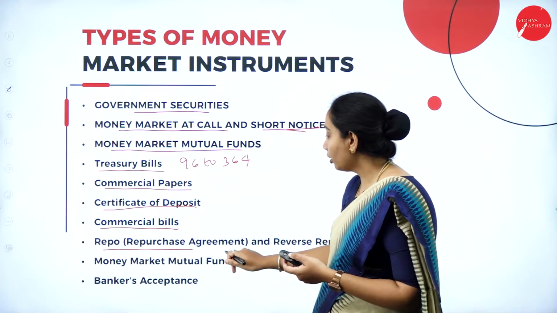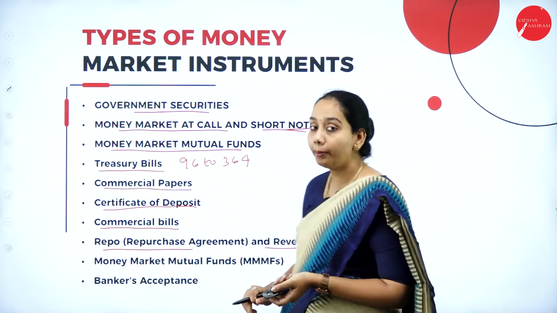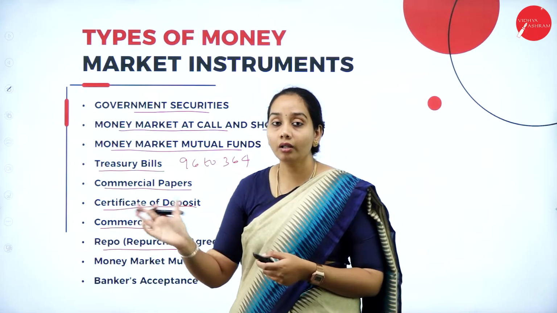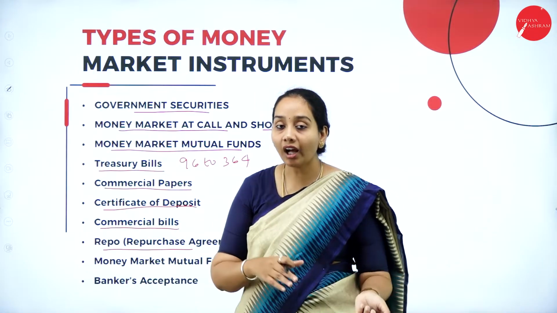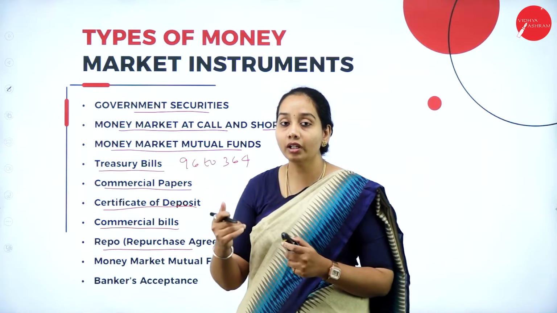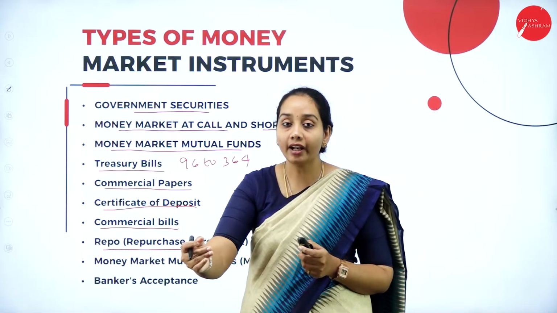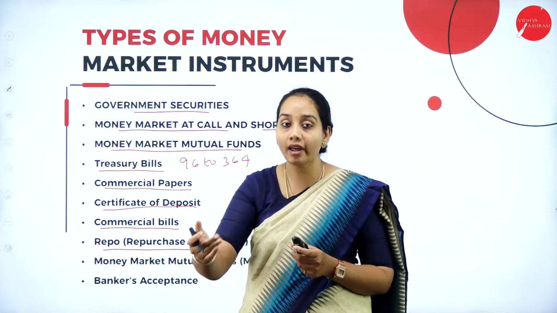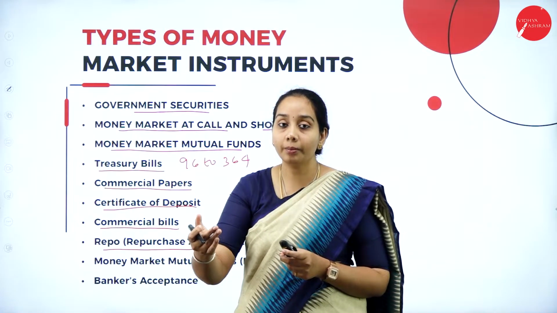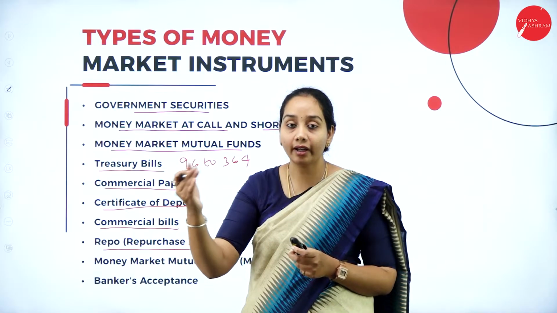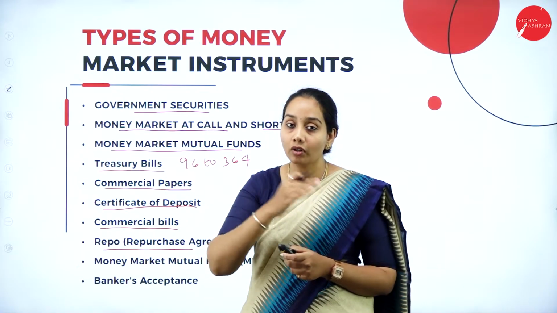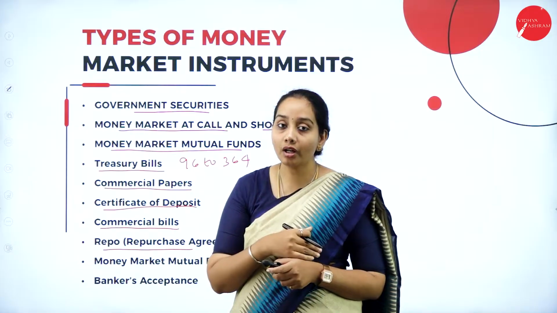Next is repo and reverse repo. Repo and reverse repo is a kind of transaction between the RBI and the banks. Usually the RBI lends loans to the banks, and sometimes if the banks have excess amounts in their branches or head office, the banks can also give loans to the RBI.